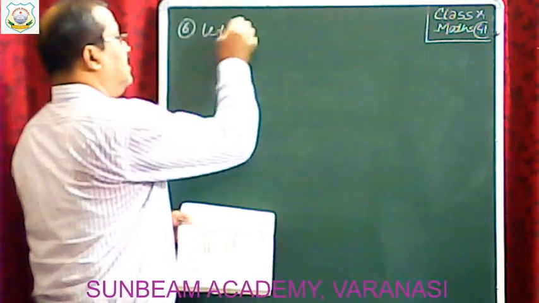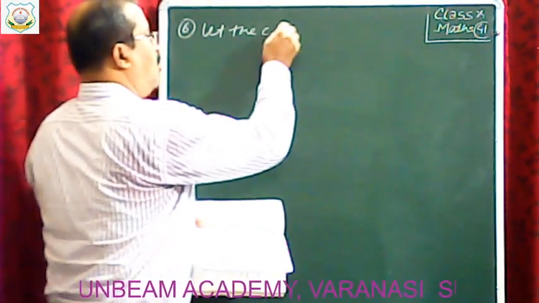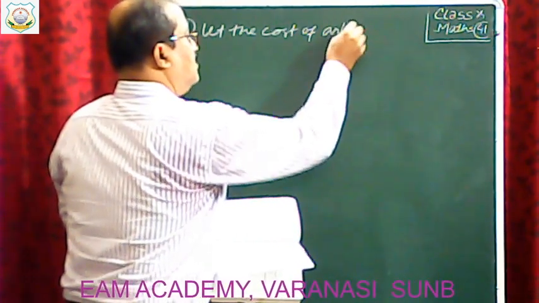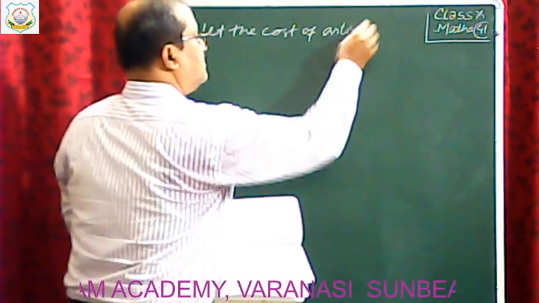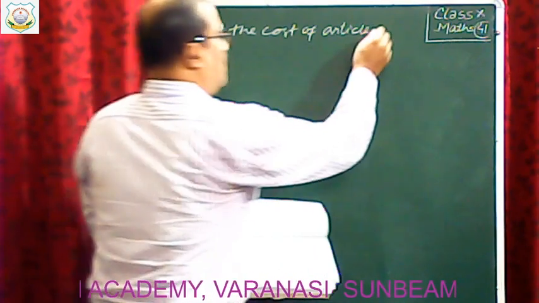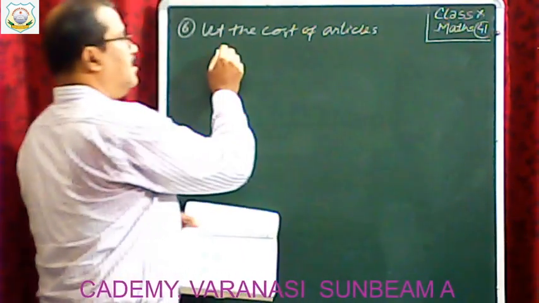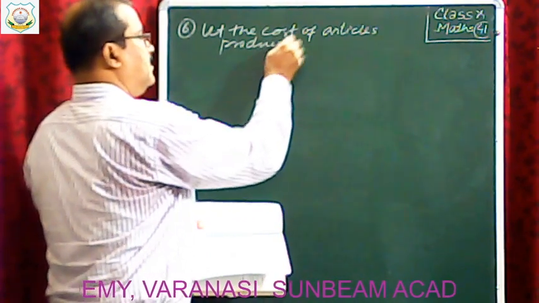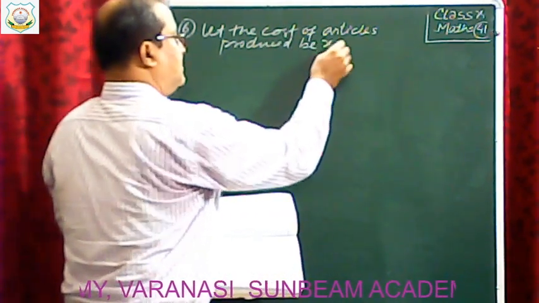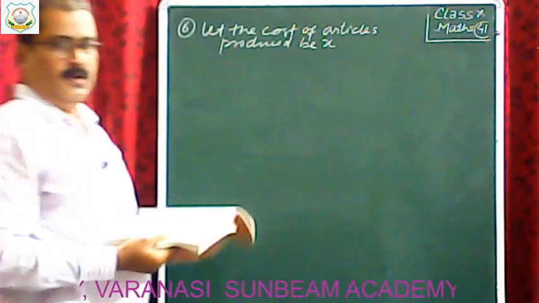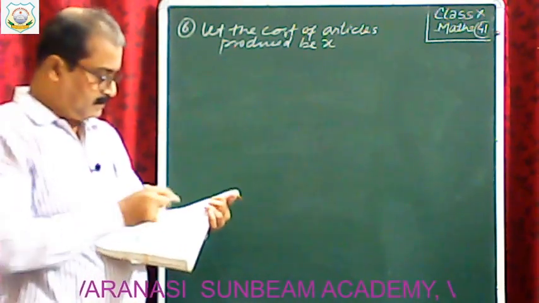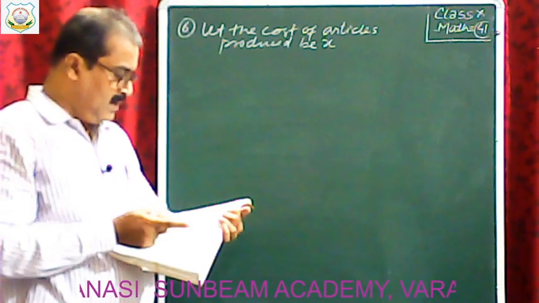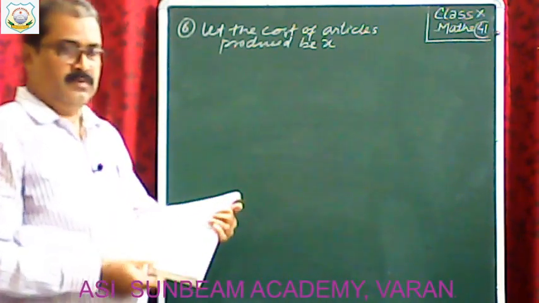Let the number of articles produced be x. Okay, as per condition, cost of each article was more than twice the number of articles produced.